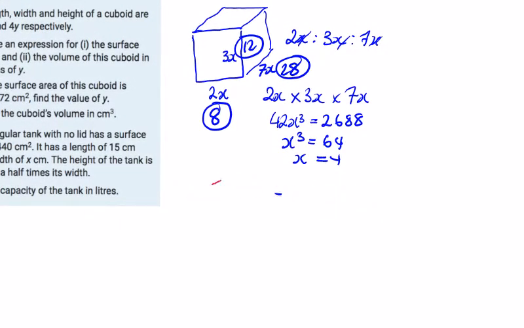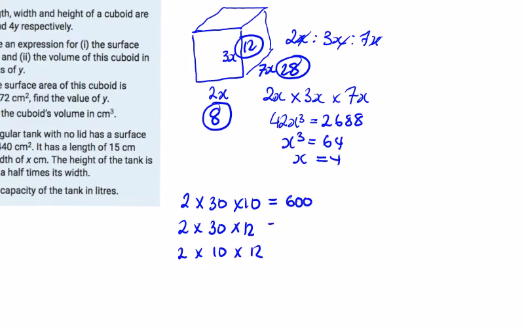So we've 30, 10, and 12. So 2 by 30 by 10, 2 by 30 by 12, and 2 by 10 by 12, which is 60 by 10, 600, 60 by 12, 720, and 120 by 2, 240, and 600 and 720 and 240 is 1560.